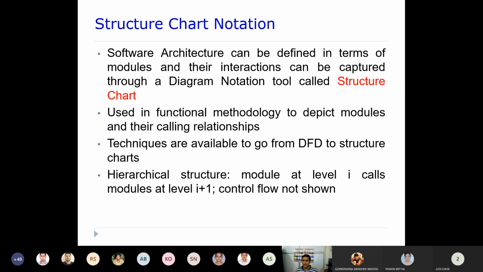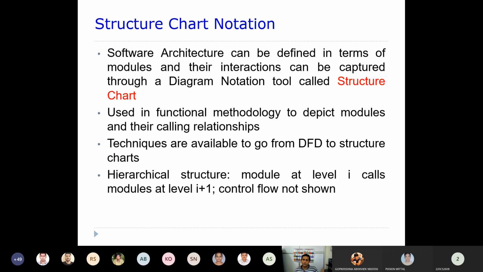That means it will have a certain number of modules, and these modules are talking to each other in order to accomplish some high-level task. It is used in the functional methodology to depict modules and their calling relations, showing how these modules call each other.